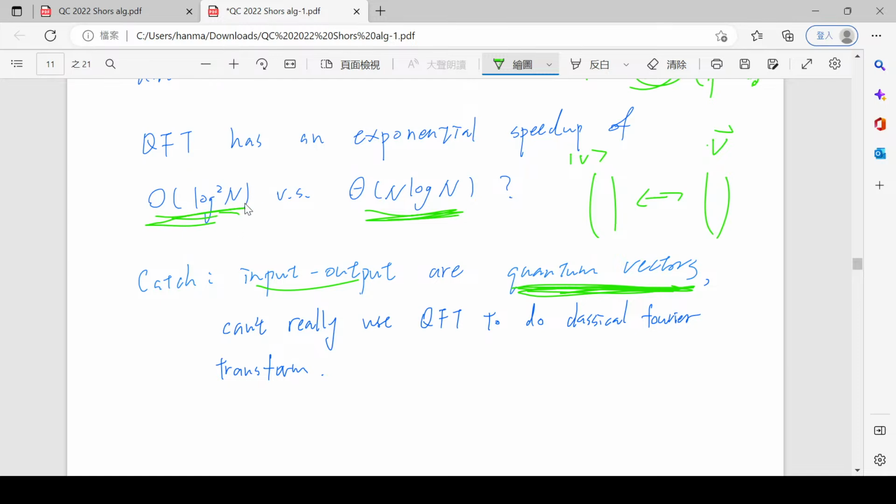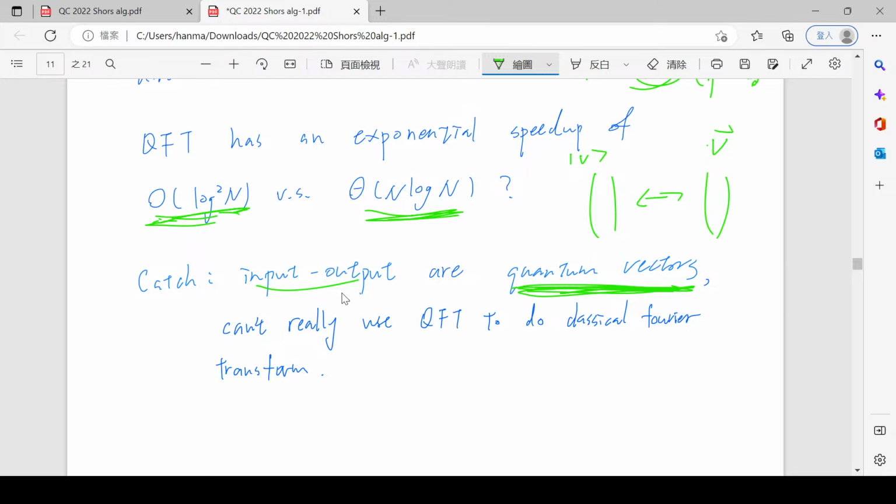Also, something to note is that this is the first quantum algorithm we talk about that is not a query algorithm. So there is no oracle in this algorithm, right? You just take input and you calculate output. So that's something interesting.